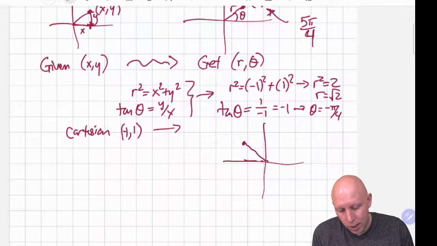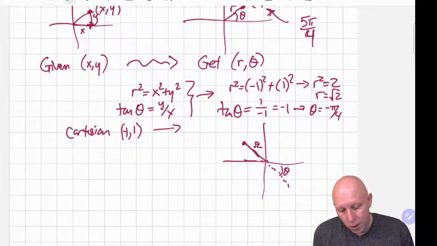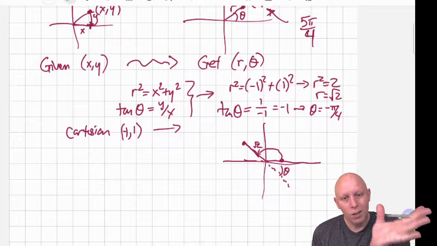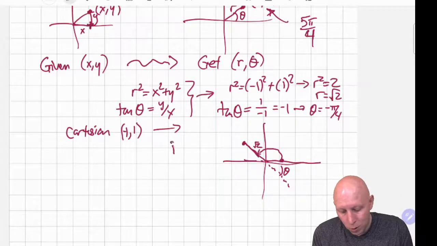In this case, it makes sense that this distance is root 2. But this negative pi over 4 is this angle. Because we want the angle from the positive x-axis to there, we're dealing with adding in pi. So the polar coordinates of this point are root 2 comma 3 pi over 4.